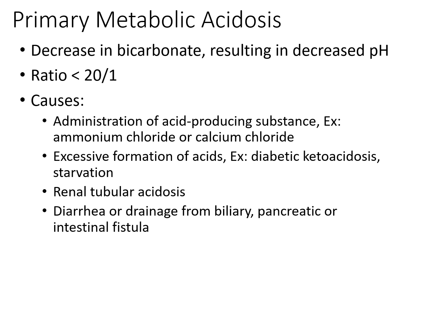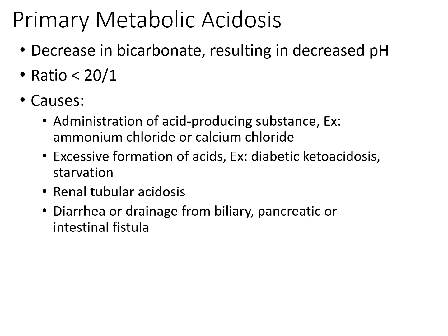All right, so we have primary metabolic acidosis. The definition of this is a primary decrease in bicarbonate concentration, which causes a decrease in blood pH. So the key indicator of this is that the bicarb ratio is less than 20:1.